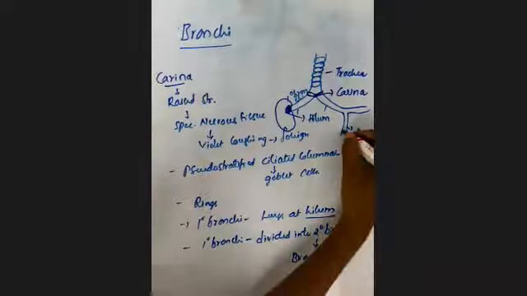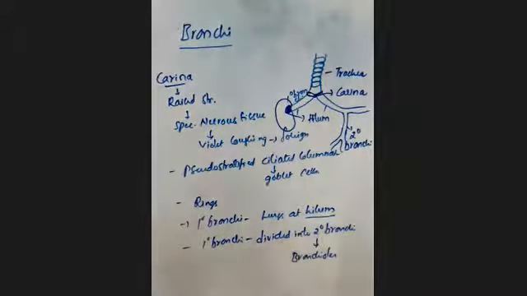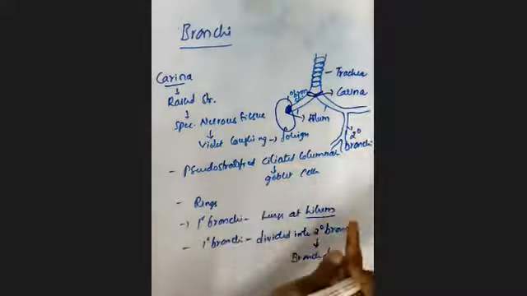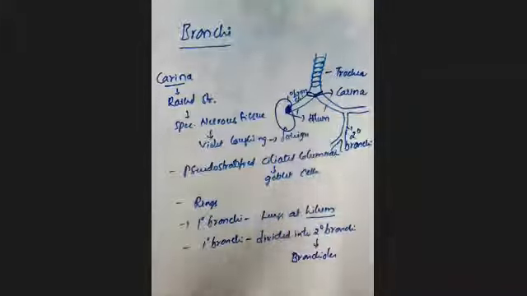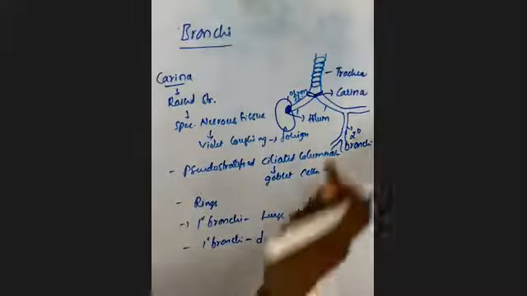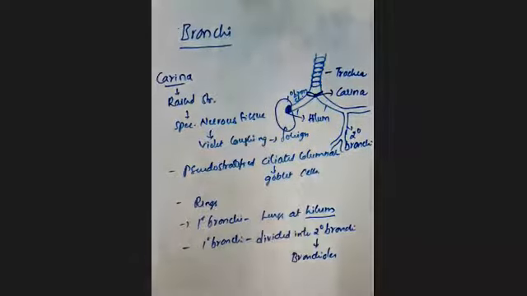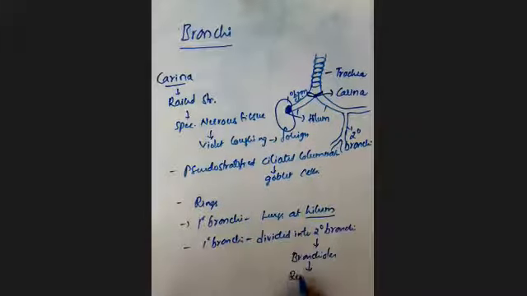This is a primary bronchi; the branches of the primary bronchi you will call secondary bronchi, and the branches of the secondary bronchi you will call bronchioles. Which are further divided into microscopic branches called respiratory bronchioles.